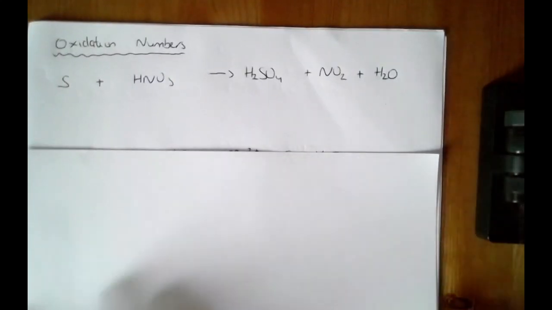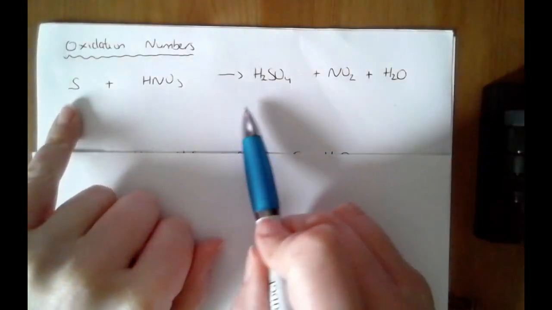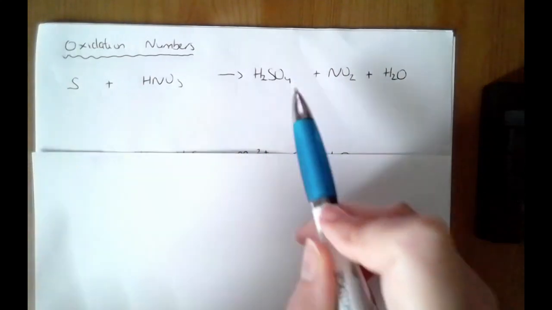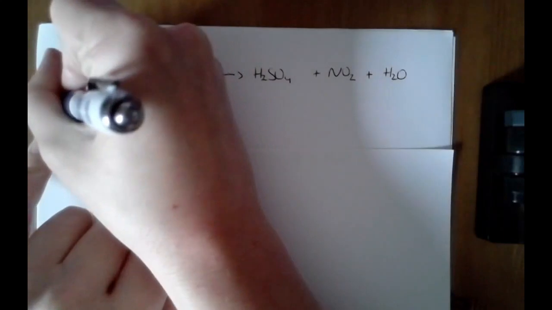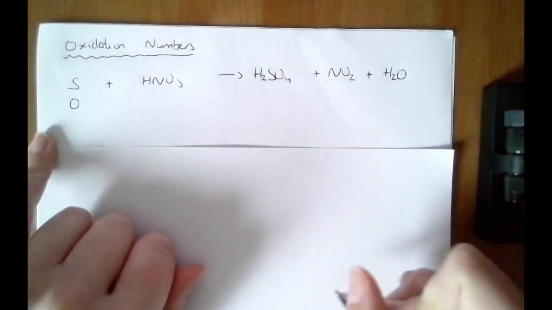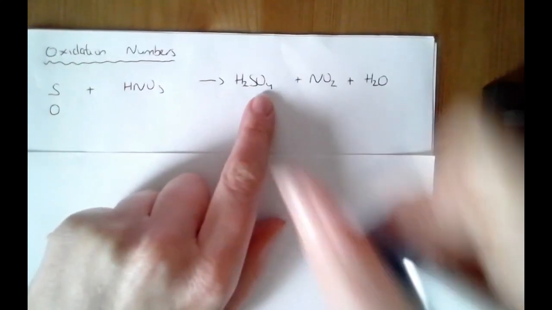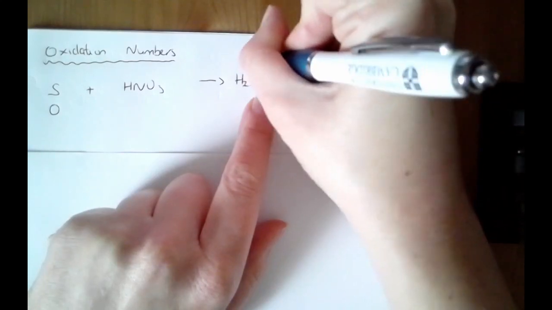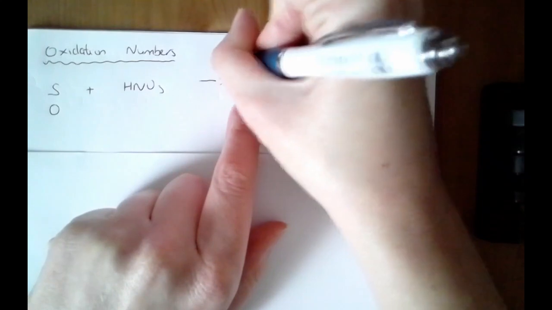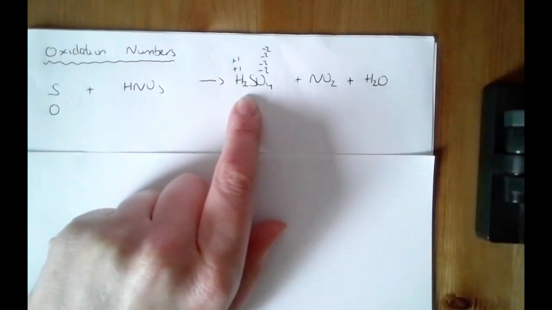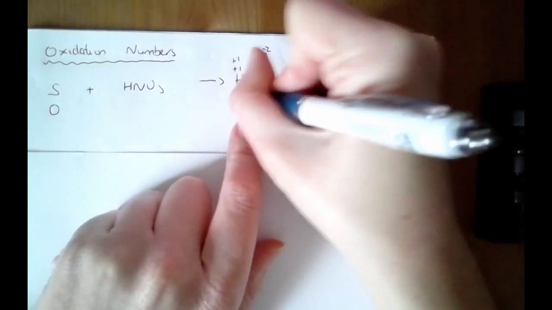So when I'm using oxidation numbers, all I'm going to do is assign oxidation numbers to the elements where the oxidation number changes. So sulfur here on the left is an element, so it has an oxidation number of 0. But if I get over here to the right, I've got 4 oxygens. All right, so I'm getting a -8 from the oxygen, and the 2 hydrogens are giving me +1, and that must mean that sulfur is +6.